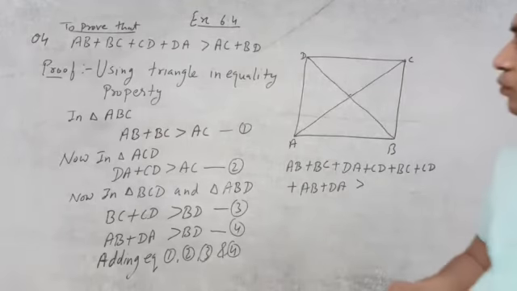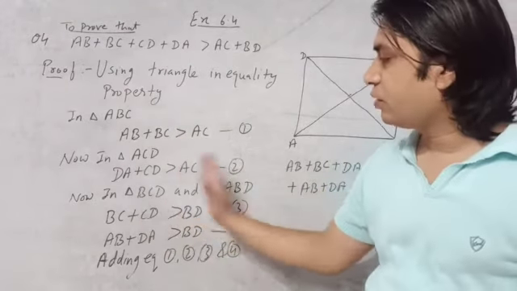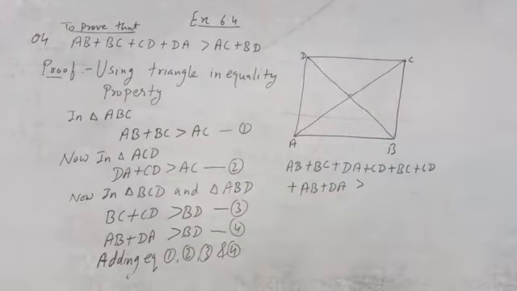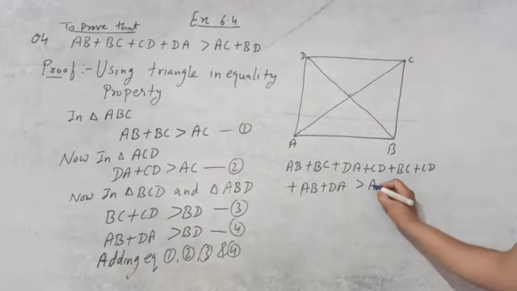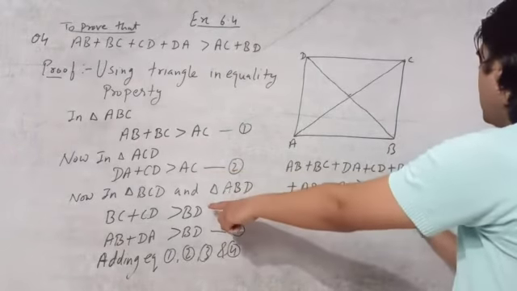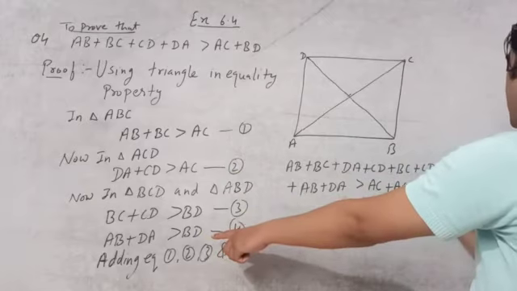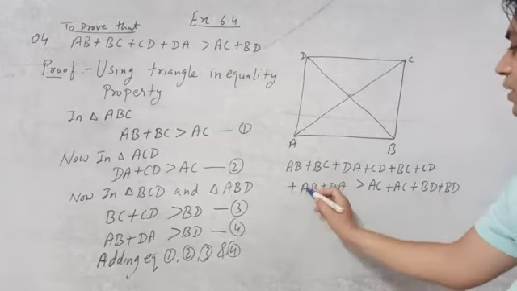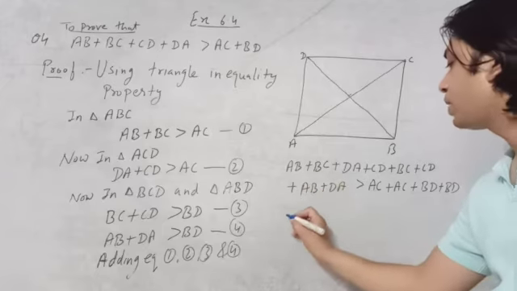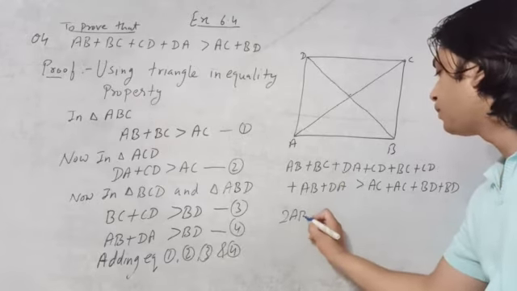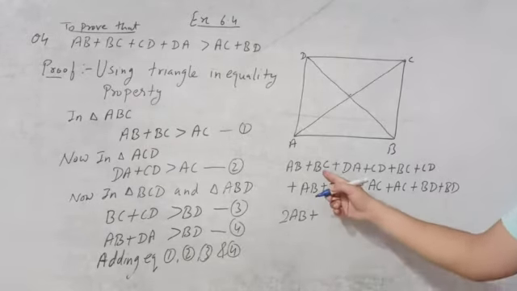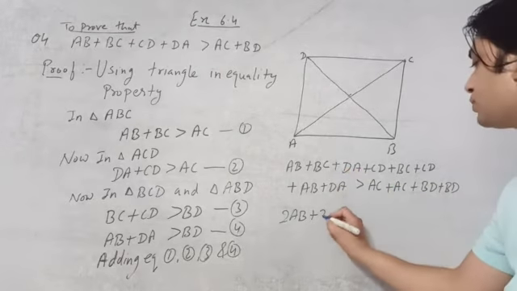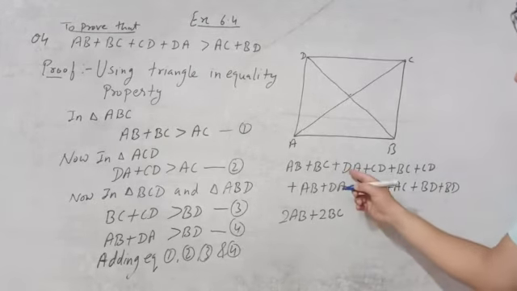So remember, first we will add all these 4 equations on the left side. Then we will add after the greater than. What will be there? AC plus AC, here plus BD and here plus BD. Now see, this is AB, this is AB. When we add 1 plus 1, what will come? 2AB plus this BC, this BC, so BC plus BC, 2BC.